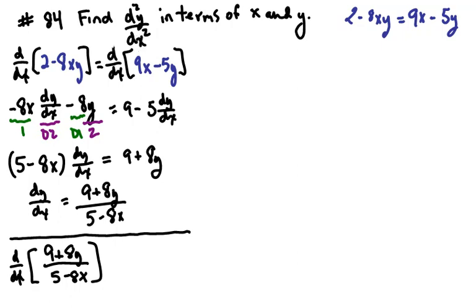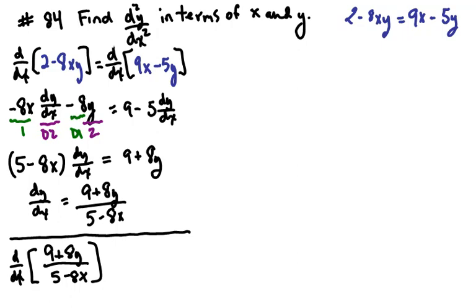That would give us d squared y over dx squared of our original equation, which is 2 minus 8xy equals 9x minus 5y. Actually, what it gives us is the second derivative of y with respect to x, as y is represented in that equation.